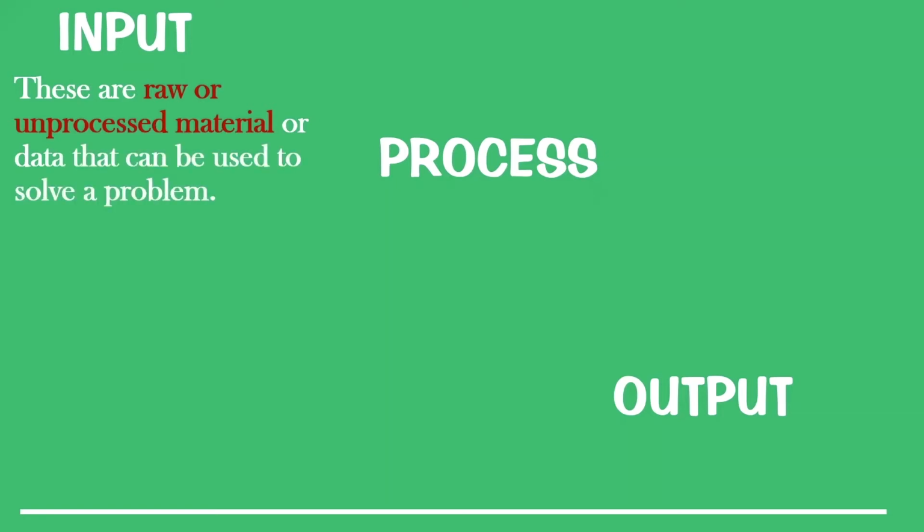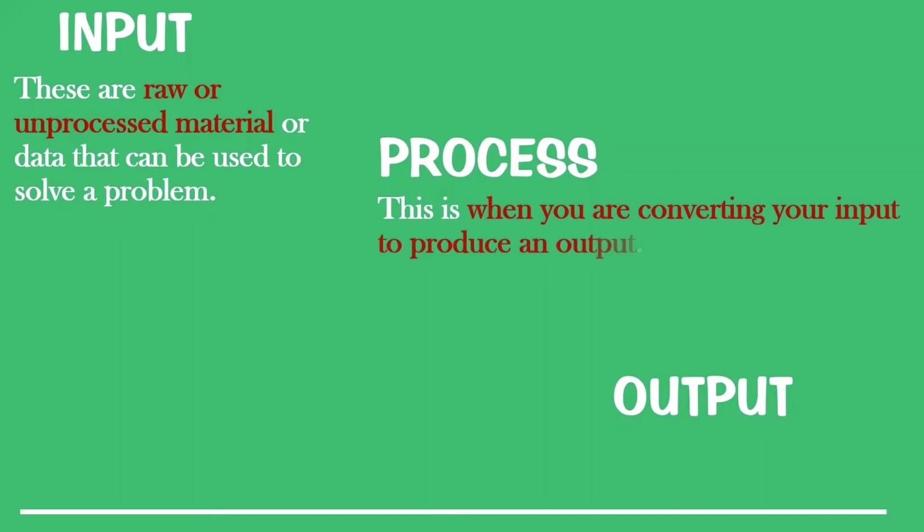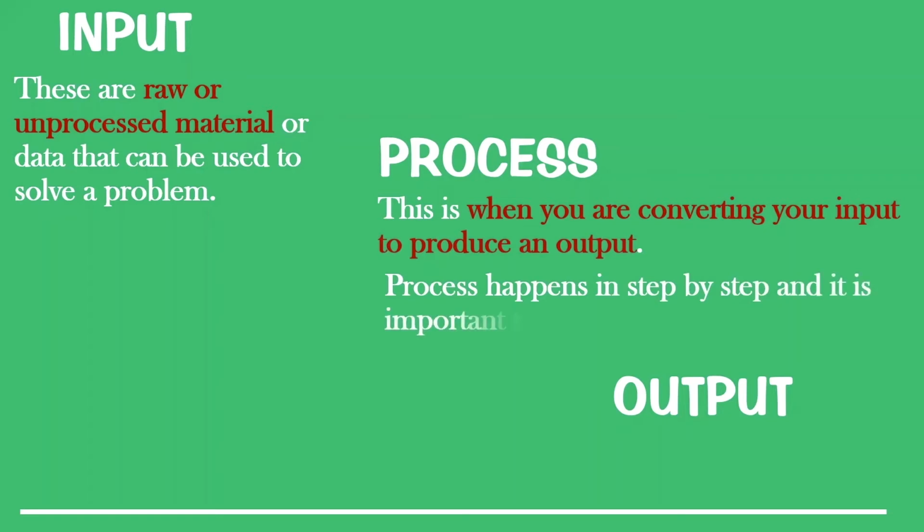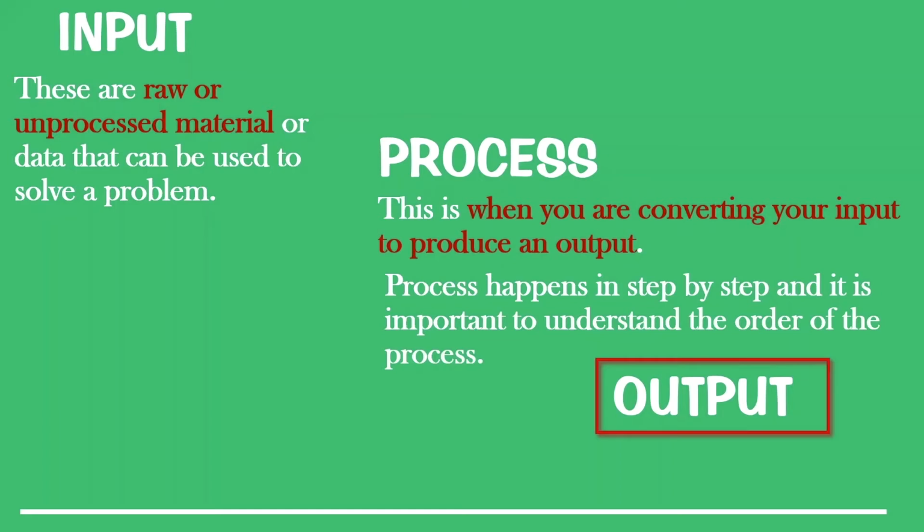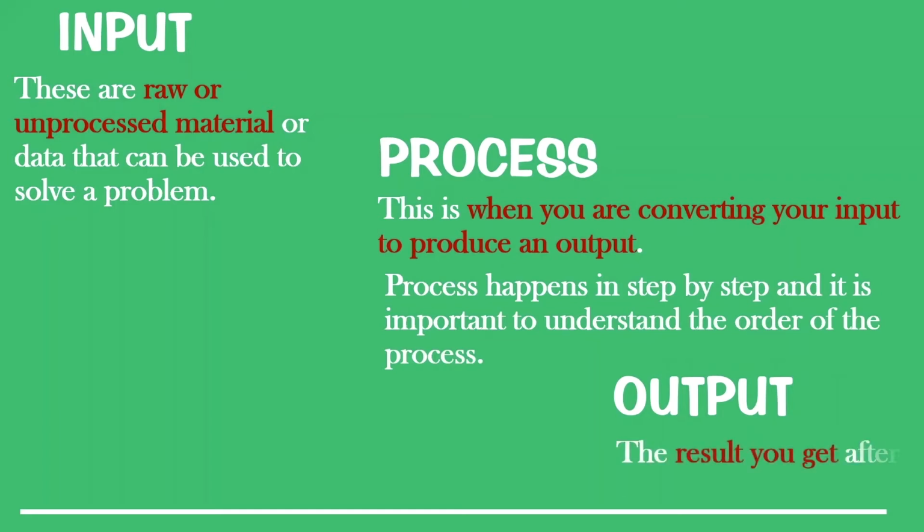Now the process, this is when you are converting your input to produce an output. The process happens step by step, and it is important to understand the order of the process. Output. This is the result that you get after solving the problem.